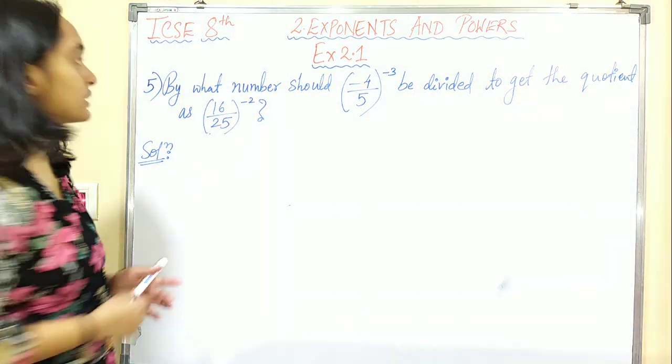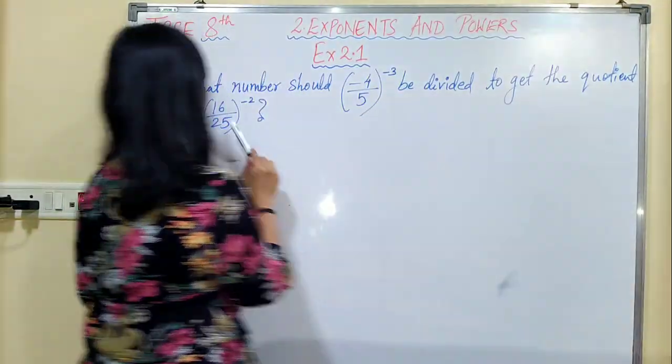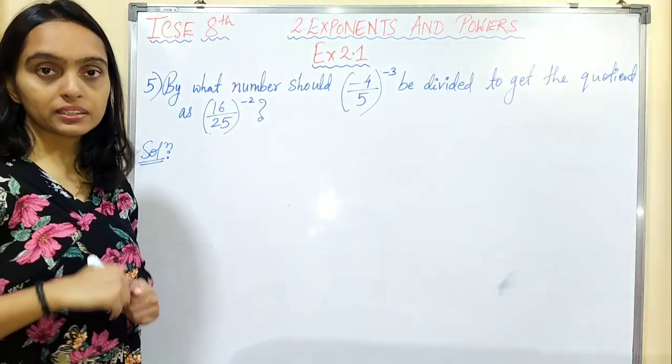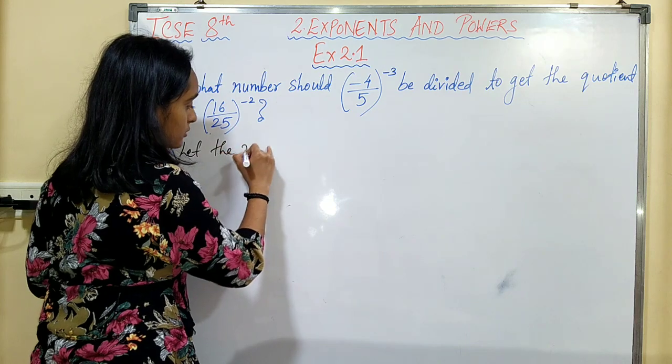The fifth question says, by what number should this be divided to get the quotient as this? So let the required number be x.